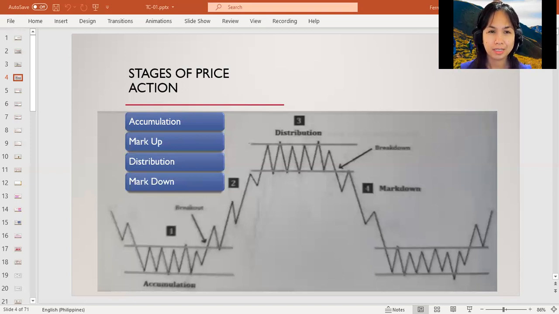So price now enters a downtrend, a series of lower highs and lower lows. The public sells on panic, and the more seasoned traders who were caught on the wrong side sell on rallies.